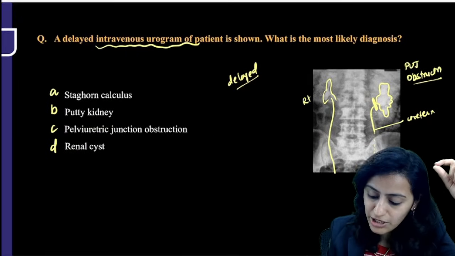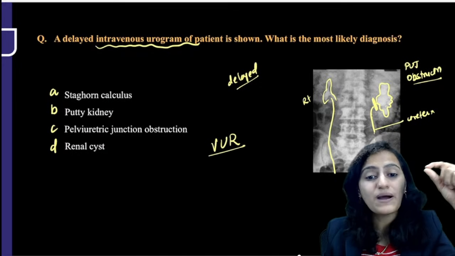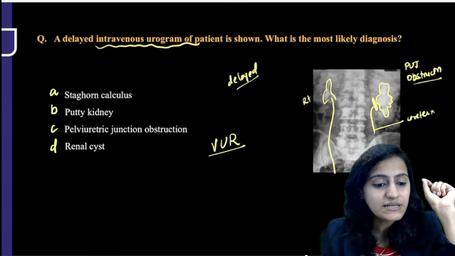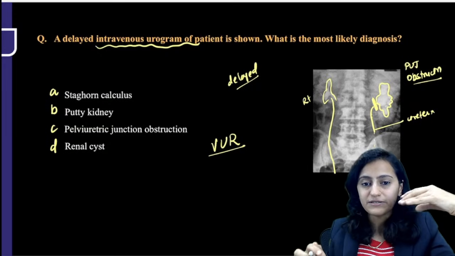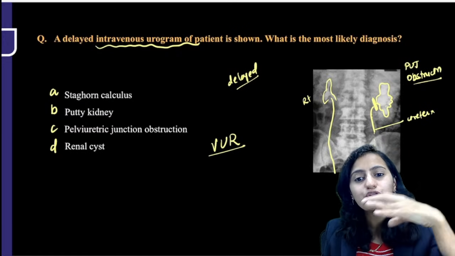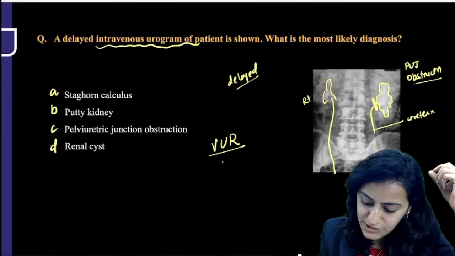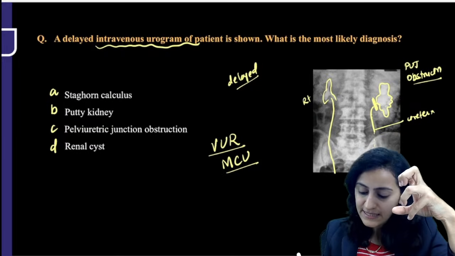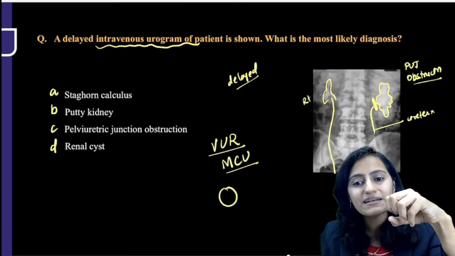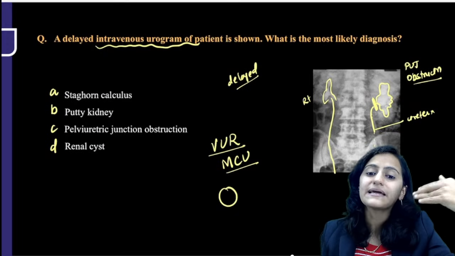Why is this not VUR? Anybody, why is this not vesico-ureteric reflux? Now understand the concept here. When I say it's vesico-ureteric reflux, first of all, the investigation that we need to demonstrate the reflux is the contracting bladder investigation, that is MCU.